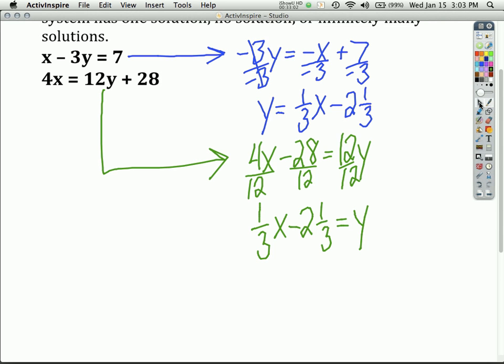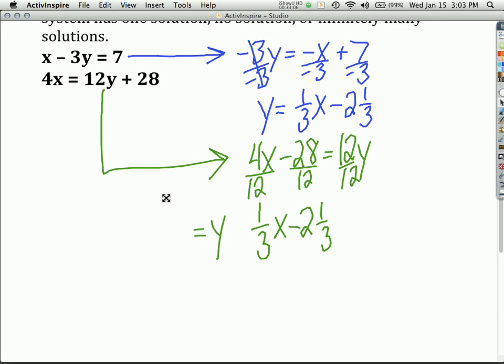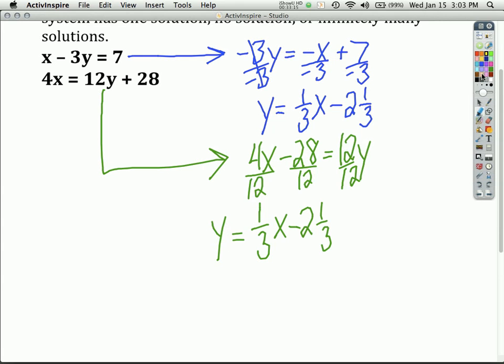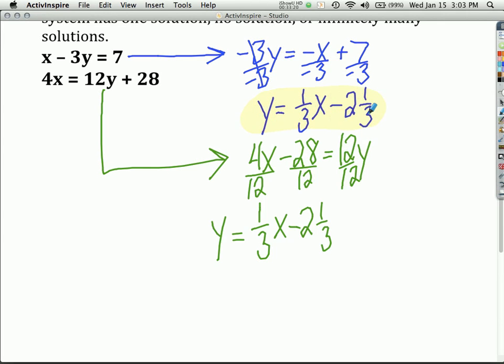And then if you just take the y and the equal sign and move them over here, you can see that they are actually the exact same equation. So this tells us everything we need to know.